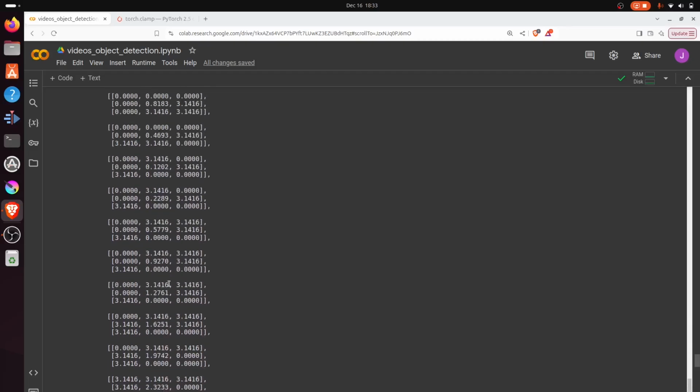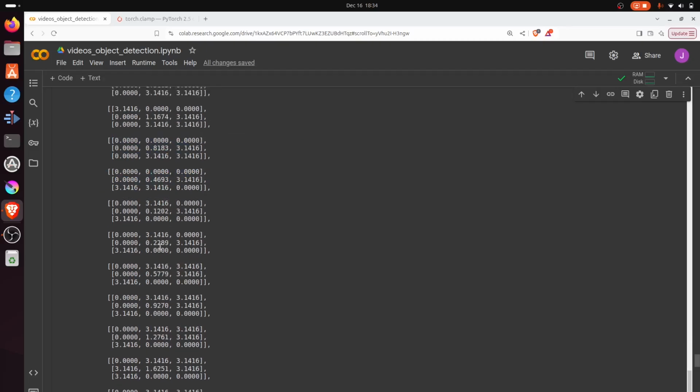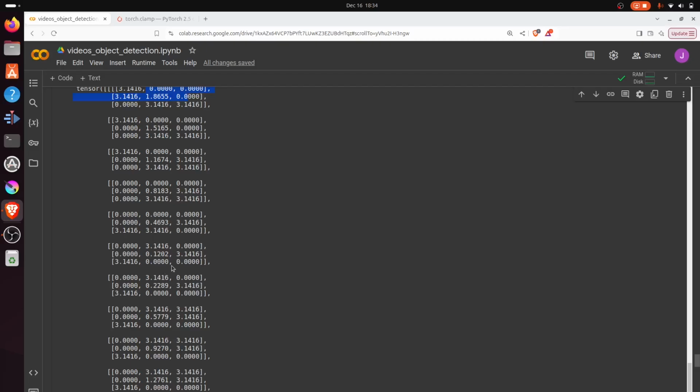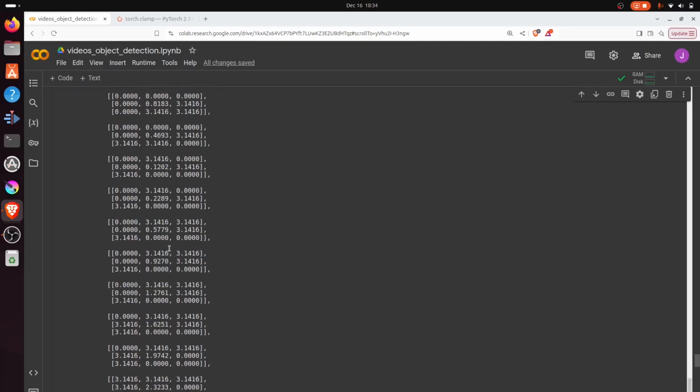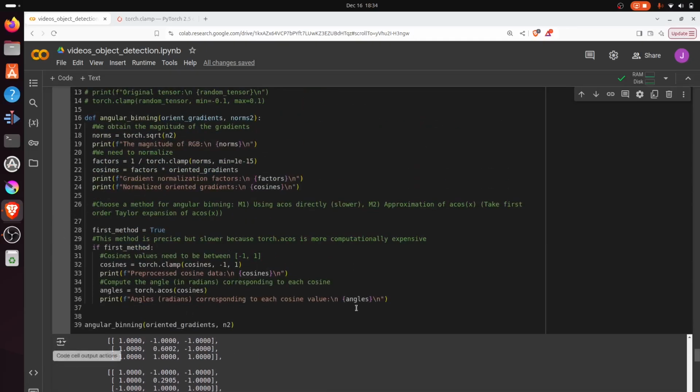Of course we see values that are systematically repeated, and those are 3.14, the value of pi, which corresponds to 180 degrees, and then we also have zeros, which correspond to 0 degrees. That makes sense, and all values different than 0 and 3.14 need to be in between, which is the case. Great, so we just extracted the angles.